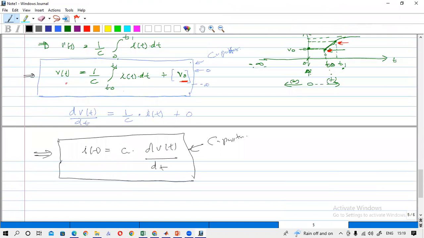So these are the most important equations we need. Normally, when the I is given, that may not be applicable for every problem, but normally the current is given and if we want to find the voltage, I use this equation.